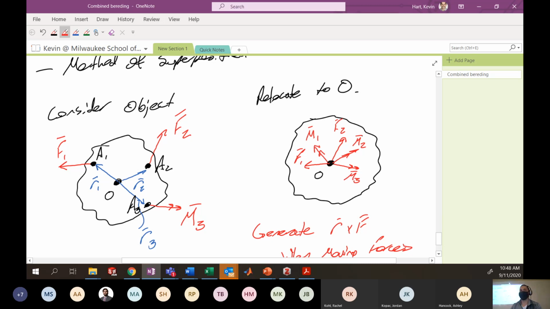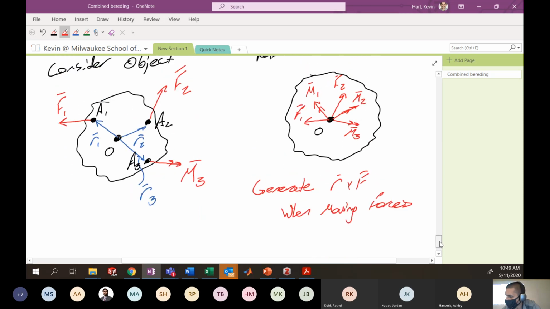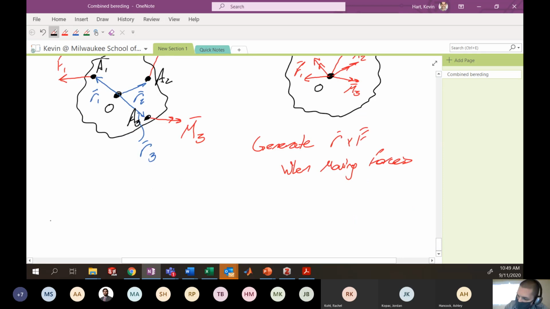All right. So now I have this system of equivalent forces and moments. I can choose to do my combined loading analysis on all of these individual pieces.